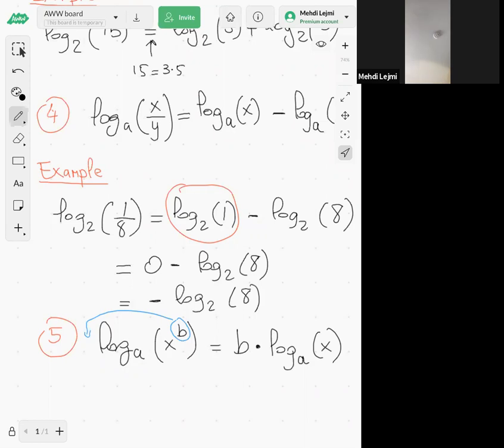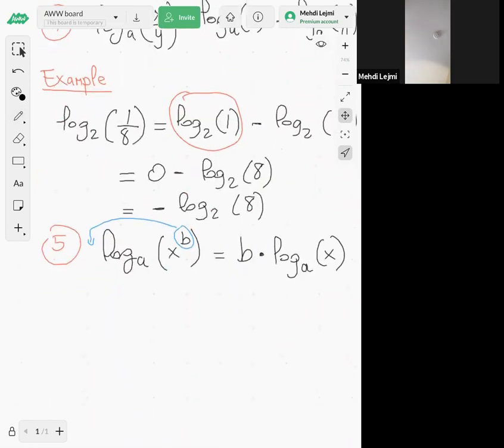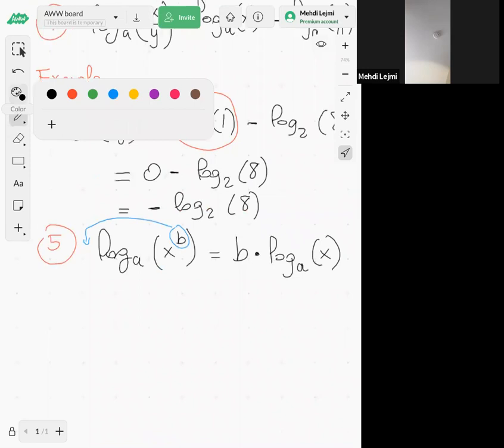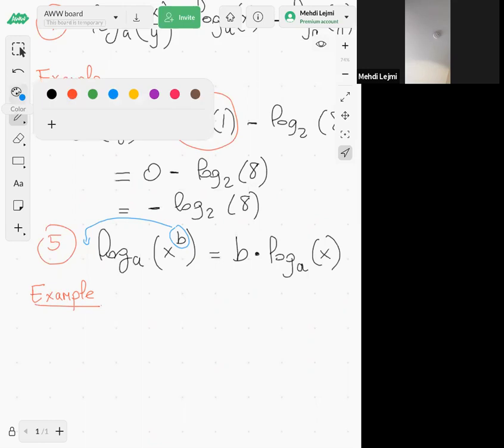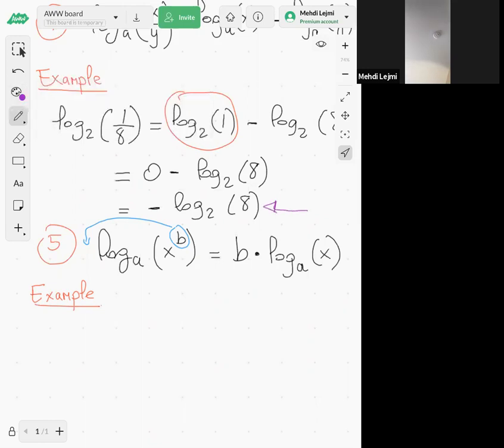Okay, so for example, here I had this log in base 2 of 8. 8 is 2 to the power 3, so that's log in base 2 of 2 to the power 3, because 8 is equal to 2 cubed.